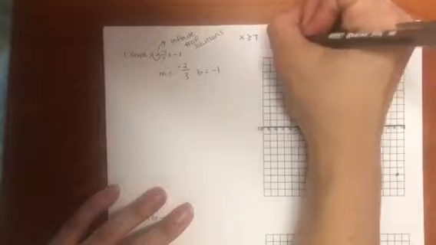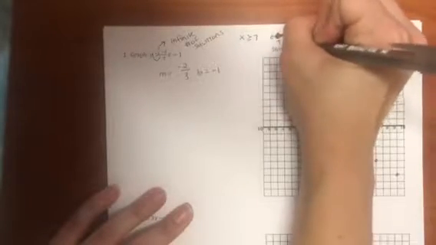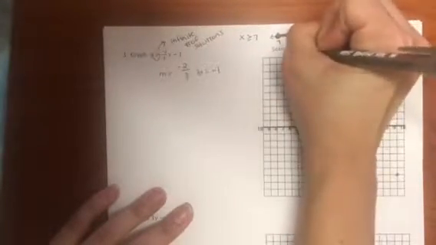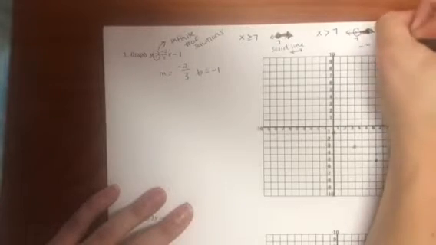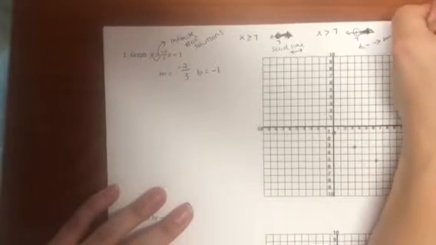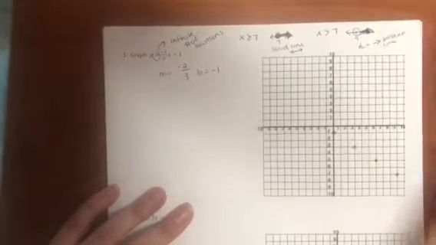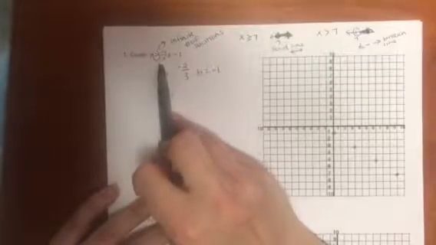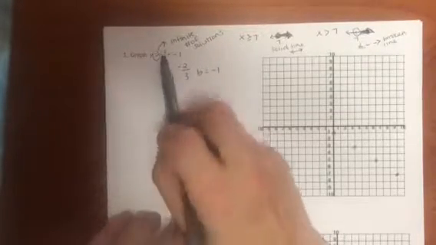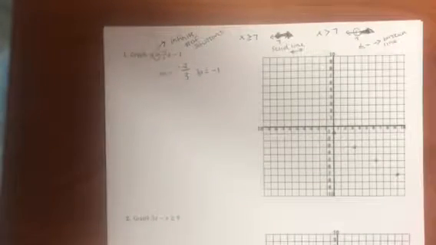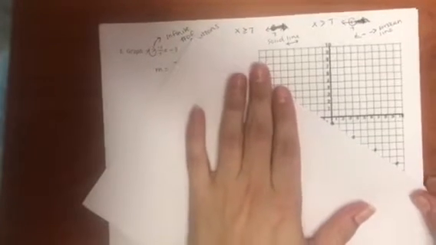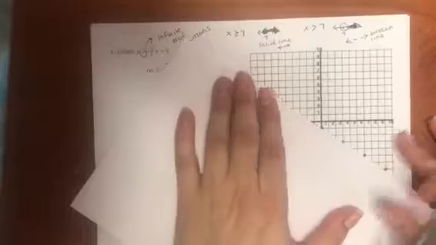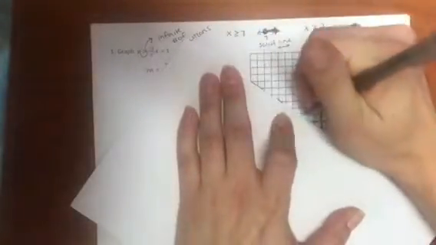So here we can have a solid line for equals and a dashed or broken line for not equals. So since this one is just greater than and not equal to, we end up having a dashed line with breaks in it.